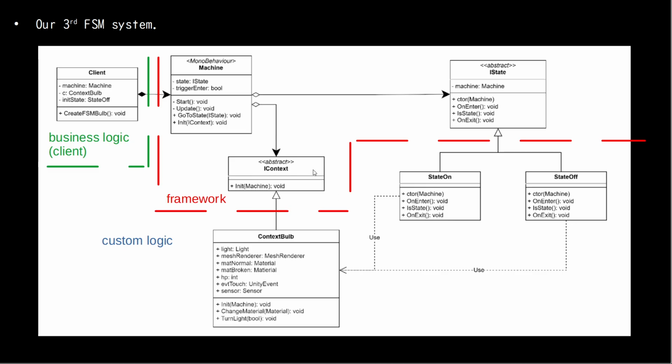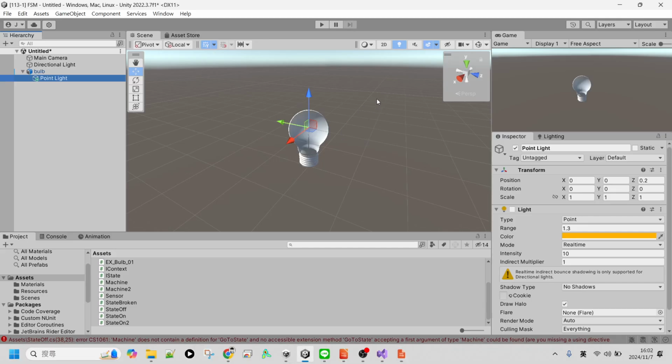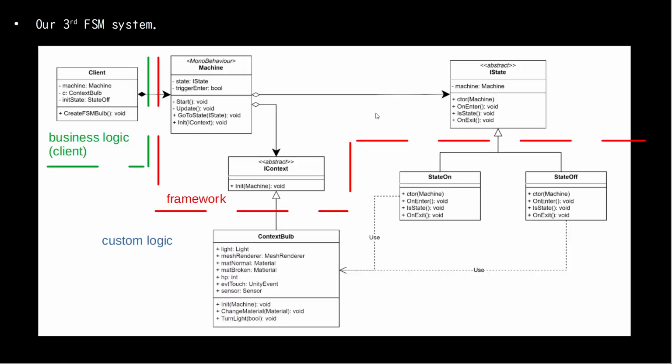Okay, if you do these things, you will see that all the red circled parts of the class are not related to any dependencies in the game level and are not related to our client logic.